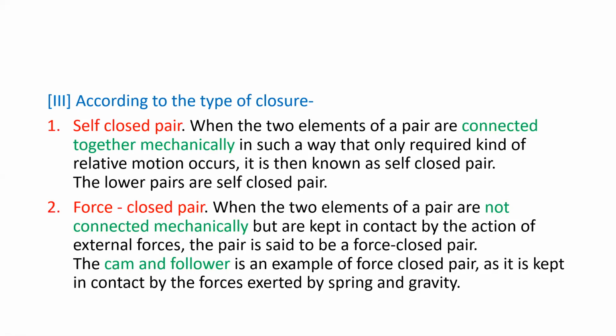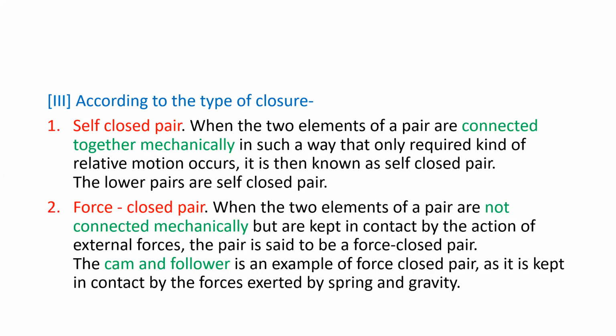A pair is called a self-closed pair when the two elements of a pair are connected together mechanically in such a way that only the required kind of relative motion is possible. For example, if you expect the links to only turn with respect to each other, meaning you want to form a turning pair, which is also known as rotating pair, only rotating motion is possible.